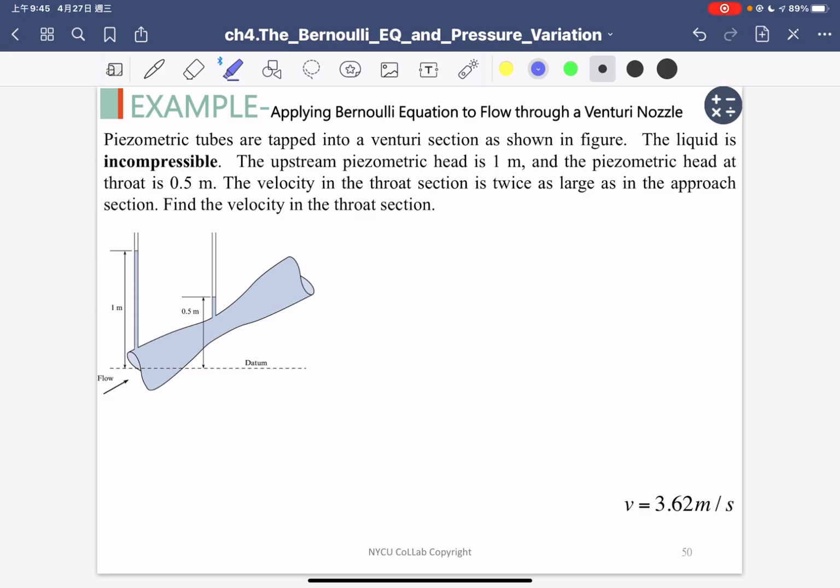So the same, you can see we have the baseline. This is our baseline. And we have only two pieces of information: the deflection height here is 1 meter, and the other deflection height here is 0.5 meters.